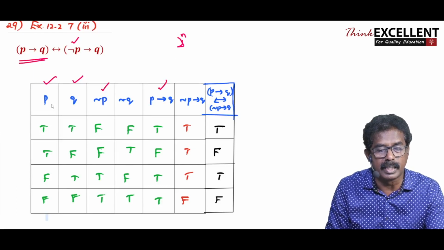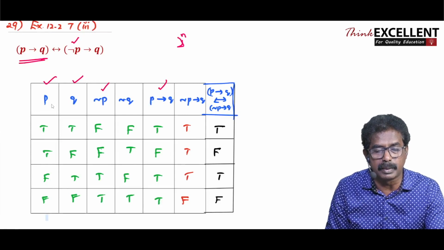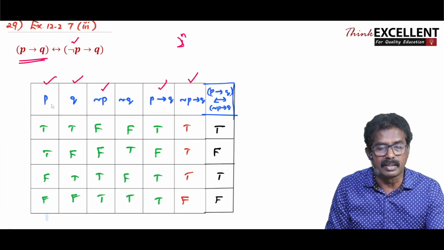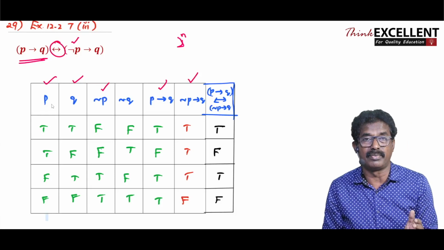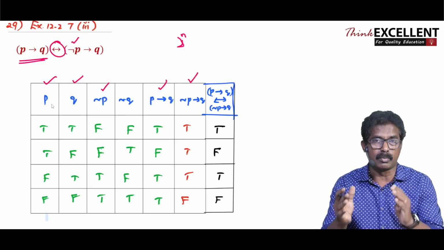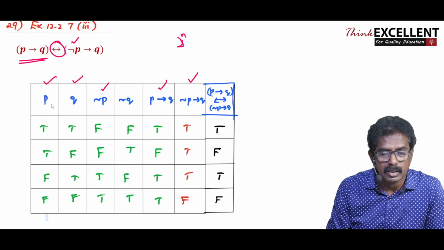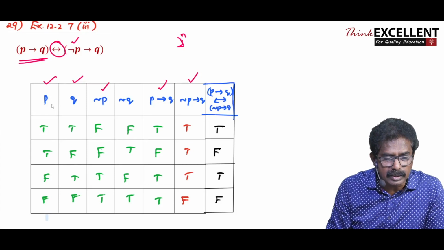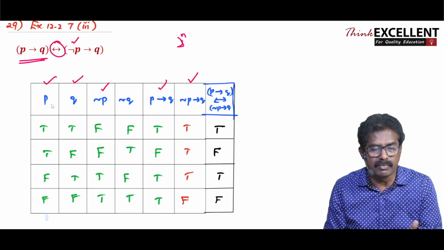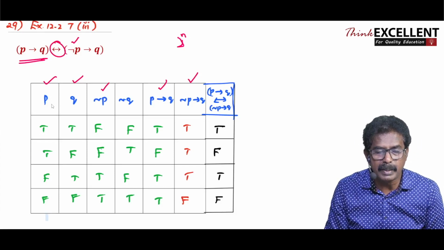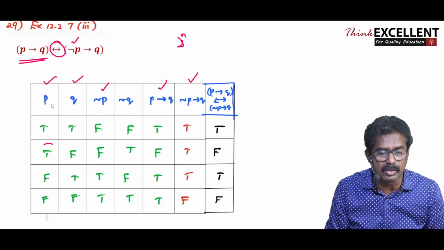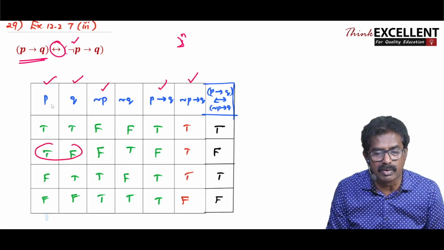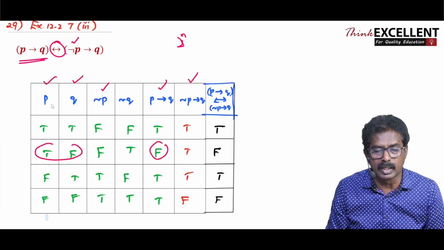Then negation P implies Q. For the biconditional, if both are true or both are false, then you write true, right? For negation P, you just change true and false; false you change into true. Then for P implies Q, only when it is true and false you write false. All other cases you write true.